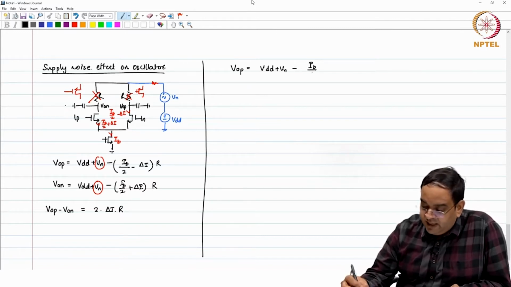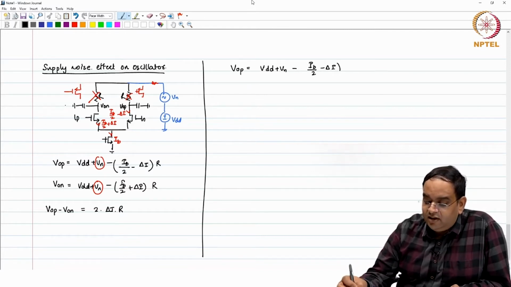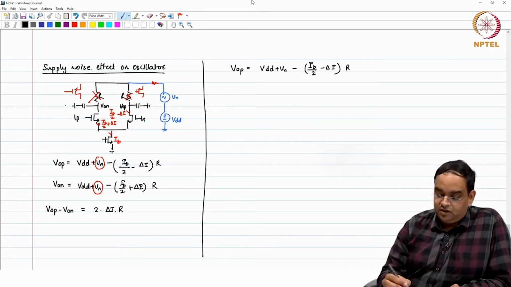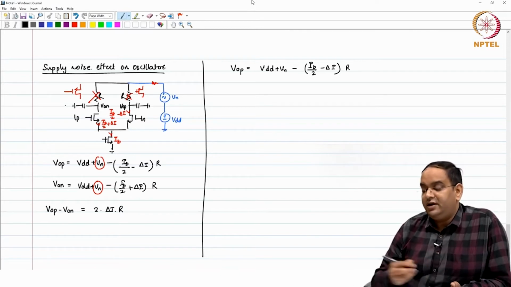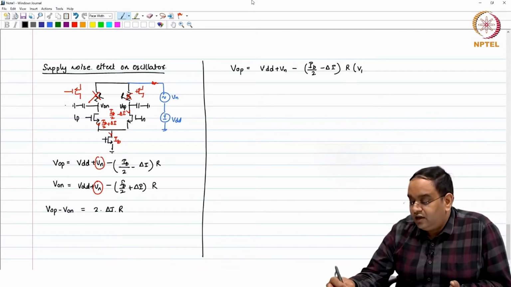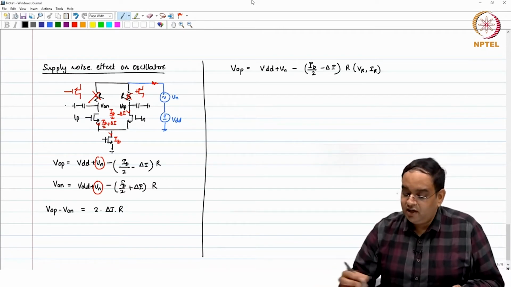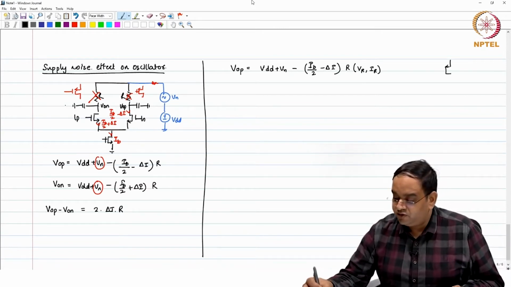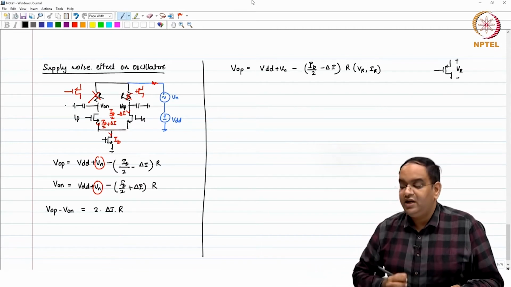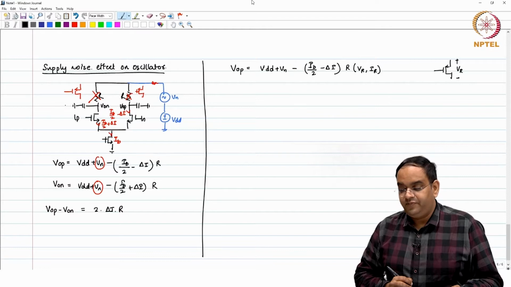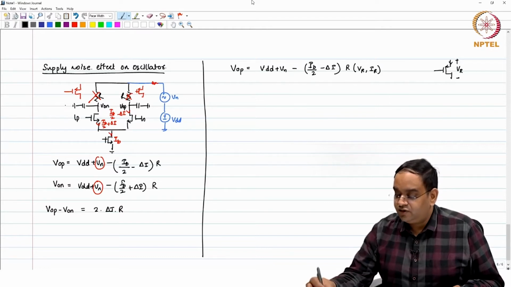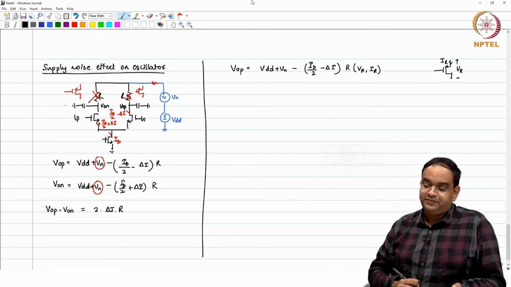So, IB by 2 minus delta I, the resistance is a function of the voltage and the current. I call this VR and IR. What is this VR and IR? Well, if you take a MOSFET and you have a voltage difference at the source and drain node, this is the VR, and the current which is flowing through the transistor is IR.